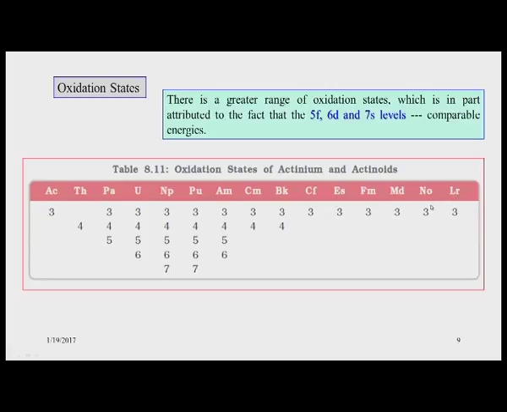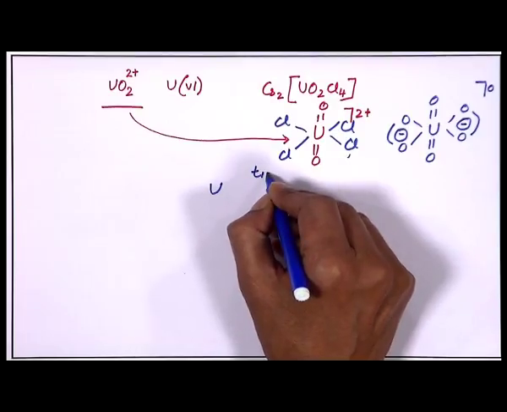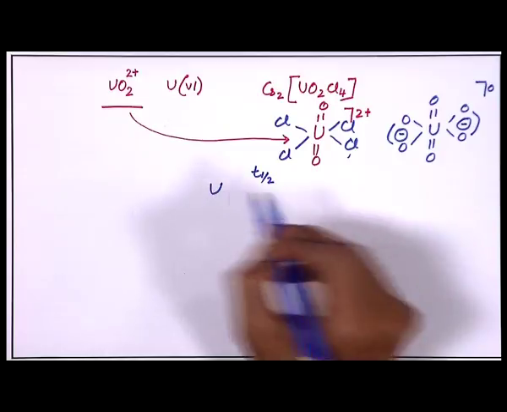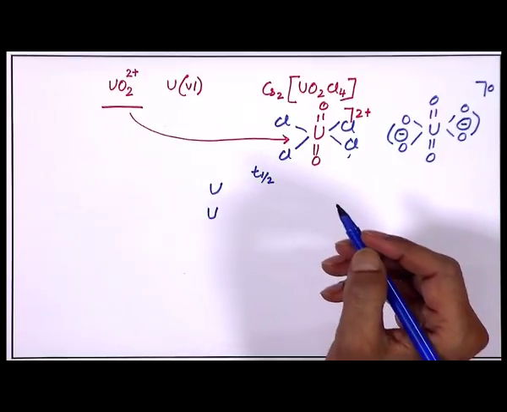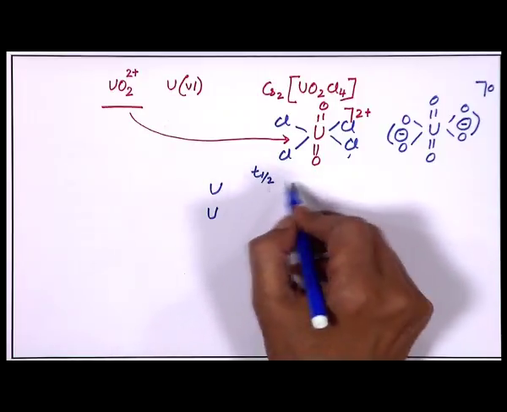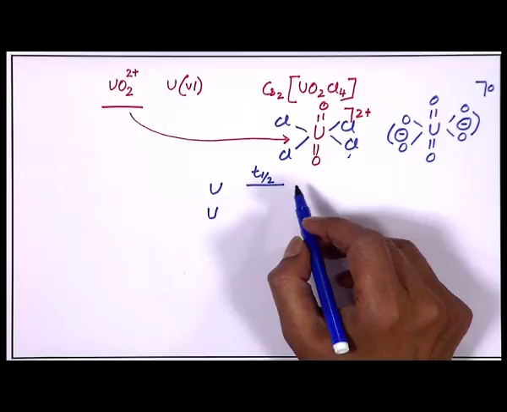So, what are we comparing? We are comparing them with respect to the T-half values. Uranium we have seen, and another isotope of uranium, with their T-half values in terms of the decay product or nuclear disintegration.